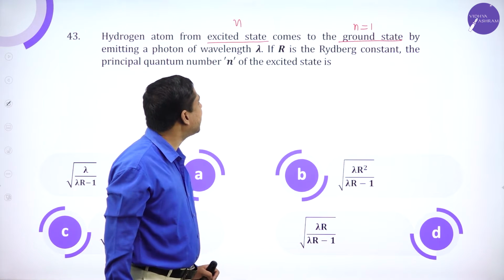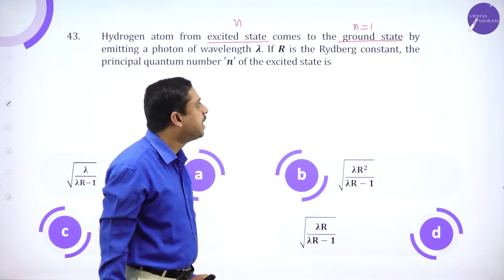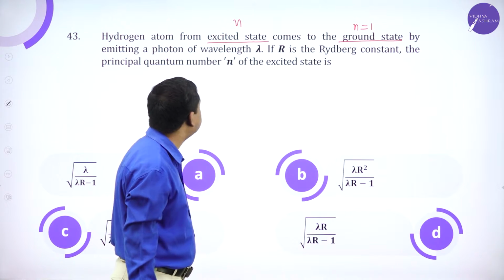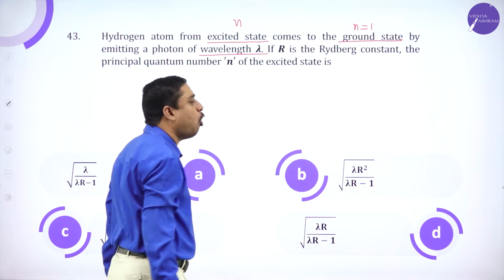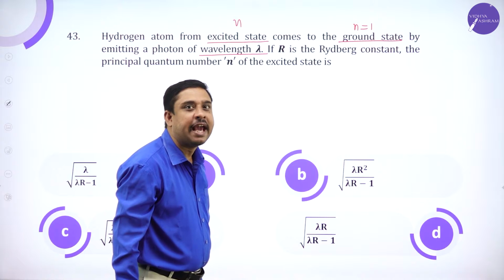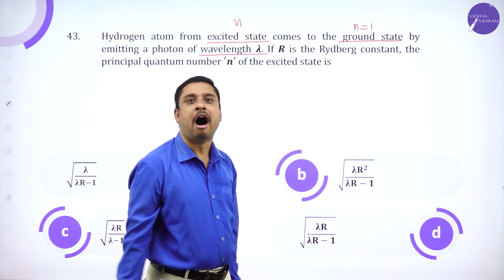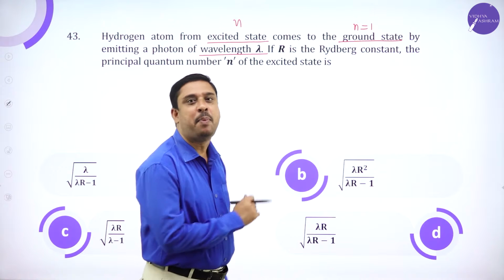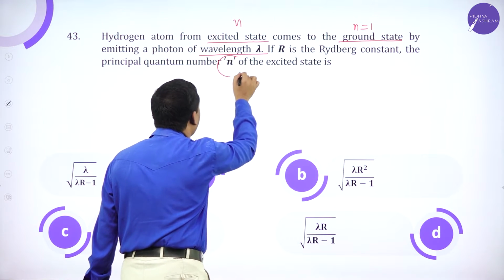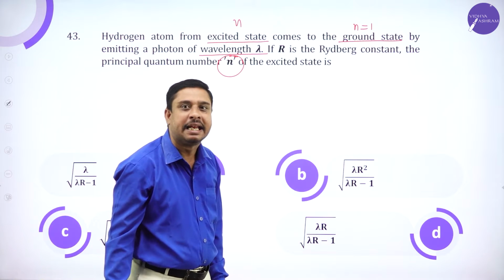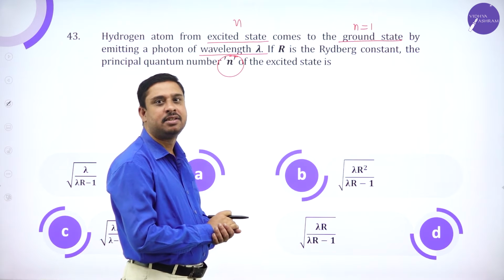So from the excited state, the hydrogen atom is coming to the ground state by emitting a photon of wavelength lambda. He says R is the Rydberg constant. Principal quantum number n has to be calculated.